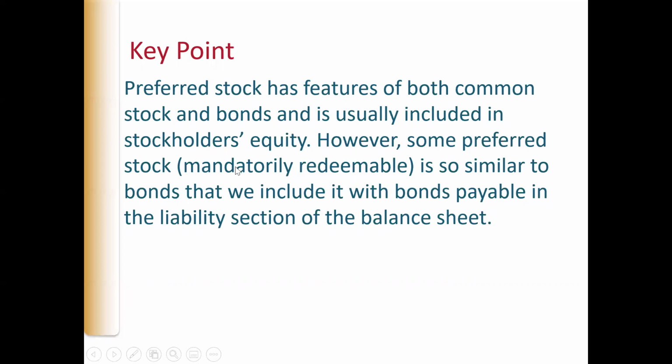Some preferred stock that might be mandatorily redeemable can be so similar to debt that those companies include it in the bonds payable section of the balance sheet in the liability section. I personally have not seen that, but it can be a factor if they are forced to be redeemable.